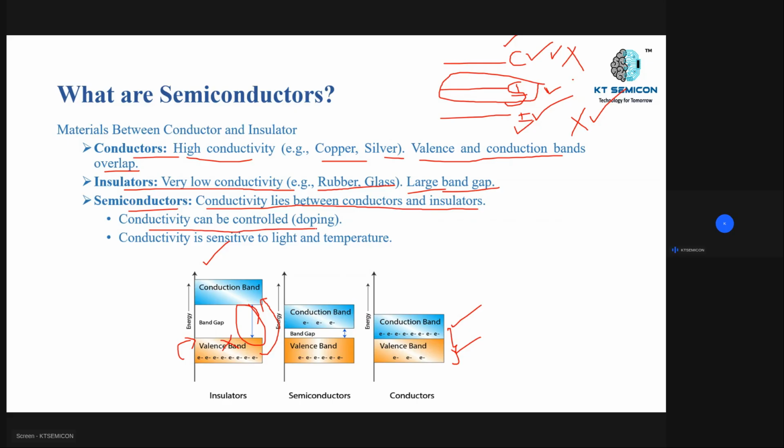Whenever we want more conductivity, we can increase the doping, then automatically the carrier concentration increases and conductivity increases. If you want to decrease the conductivity, we can do that also. Conductivity is also sensitive to light and temperature, which means when we increase the temperature, it starts conducting. That's why it is very sensitive to temperature.